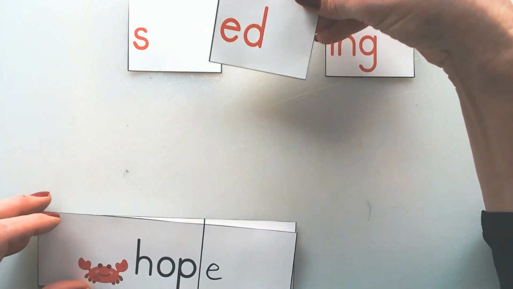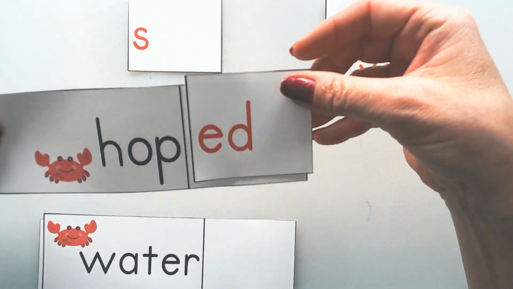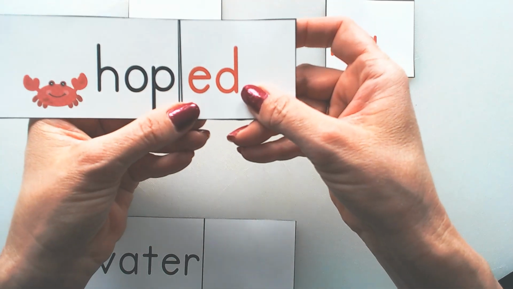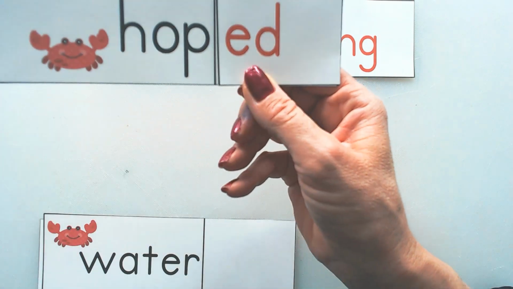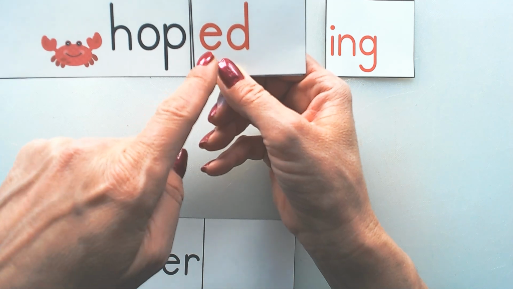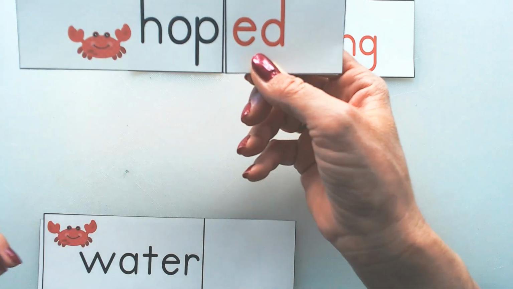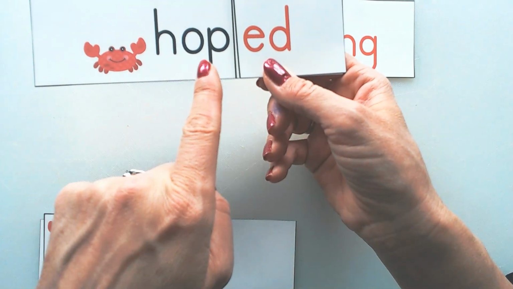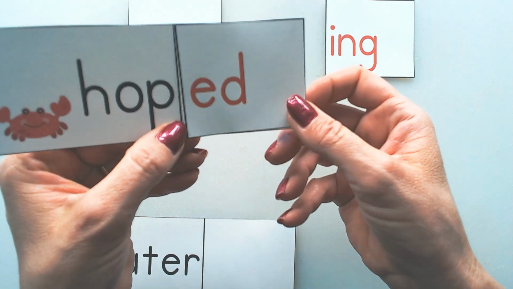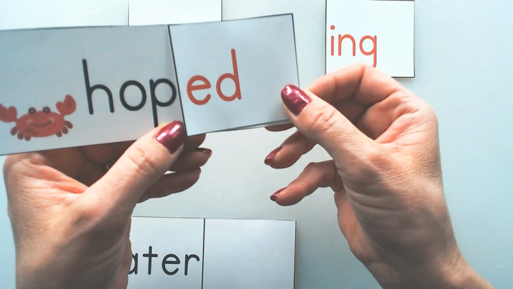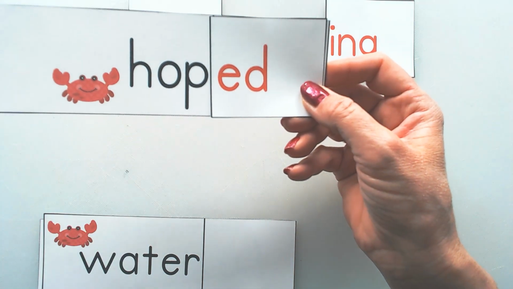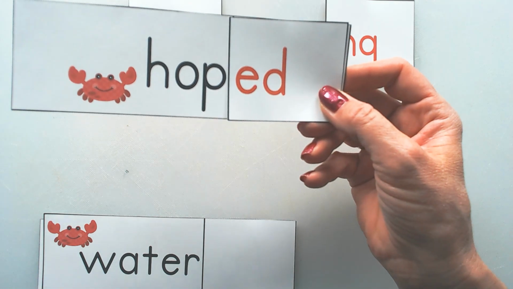You can also add ED to a word to make it mean that it already happened. It happened in the past. This says hoped. I hoped, and it should have been hope. I hoped that my mother would not die.